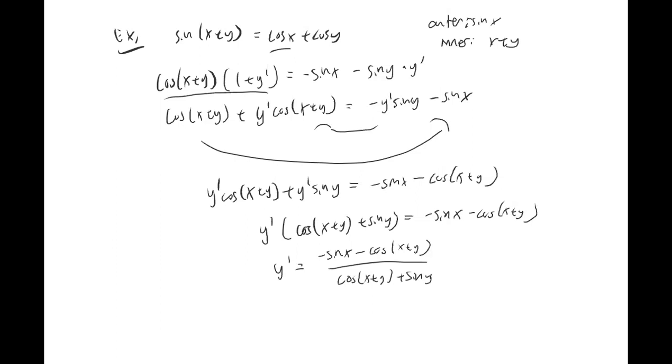Everyone good so far? Yeah, it's getting harder. But I feel like this is sort of like chain rule. Once you do more and more of it, it becomes natural. So, okay, and this is the answer. Okay, let's do one more.